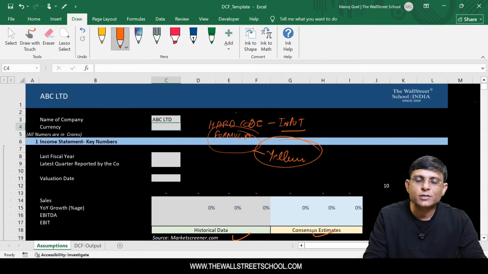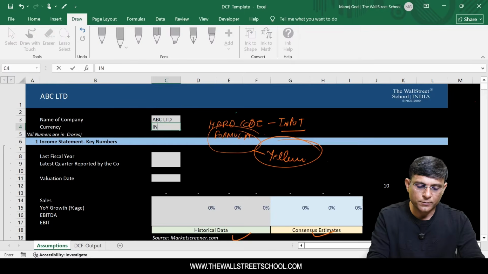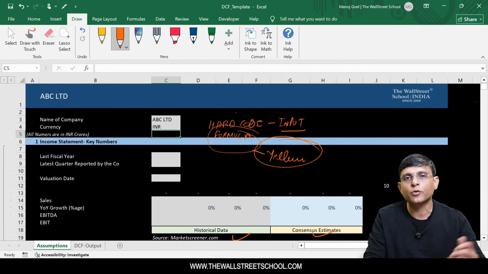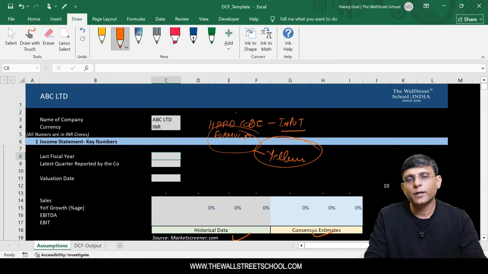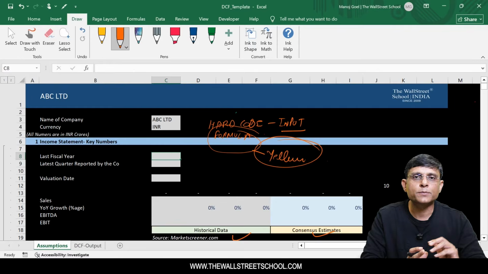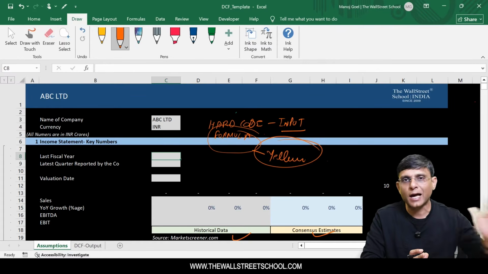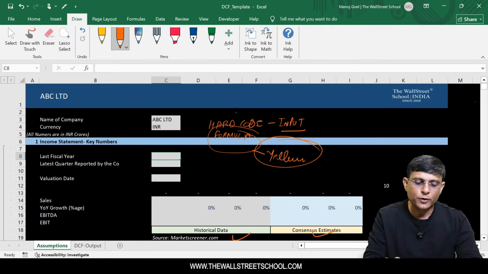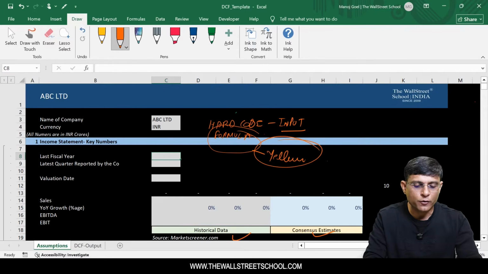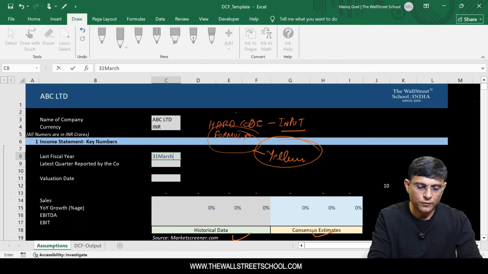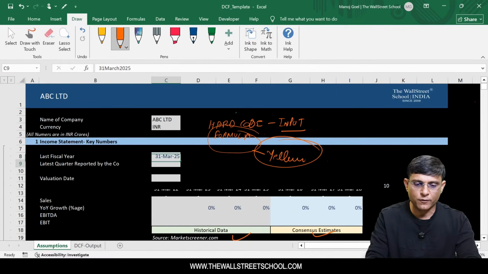Then you need to provide the currency, in which your company's numbers are, INR or USD or GBP, whatever. Now you have to provide the last fiscal year, which is the year for which the company has published its last annual report. For example, Indian companies are already done with 31st March 2025, so I can put 31st March 2025 here.